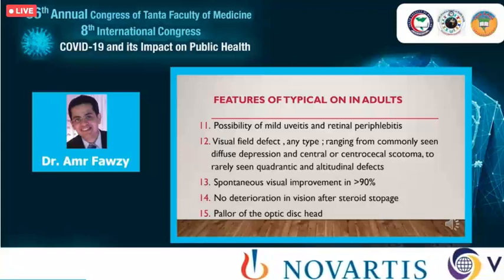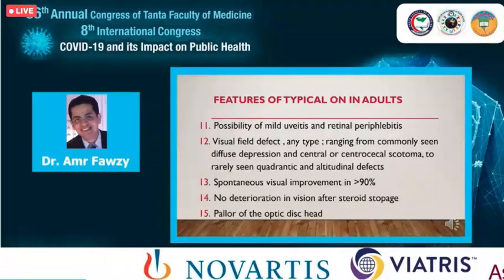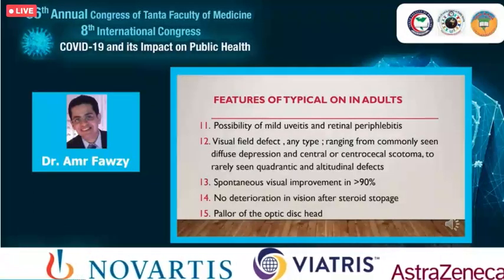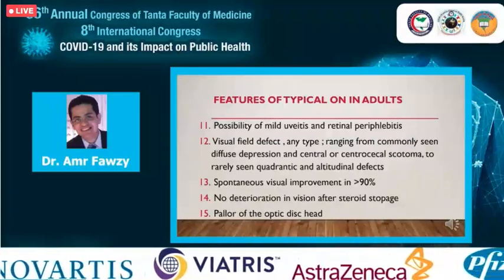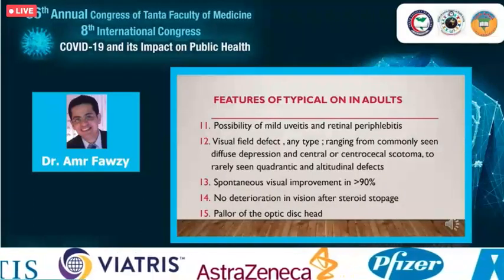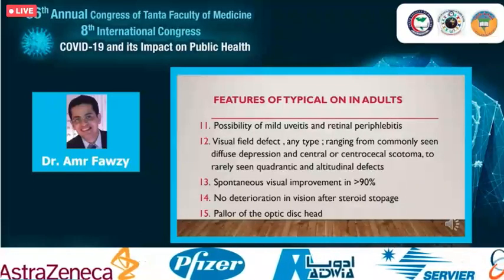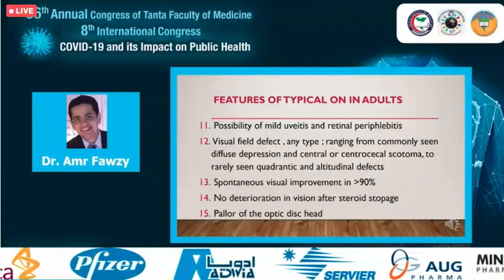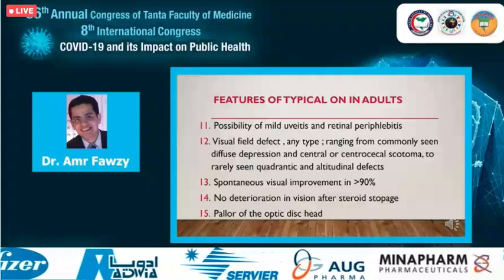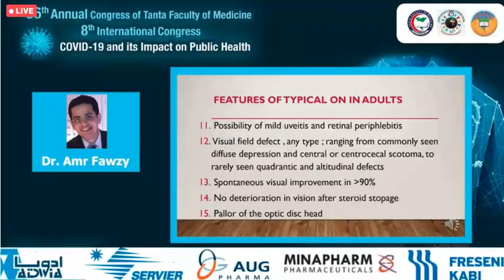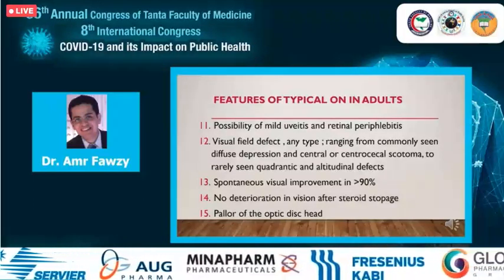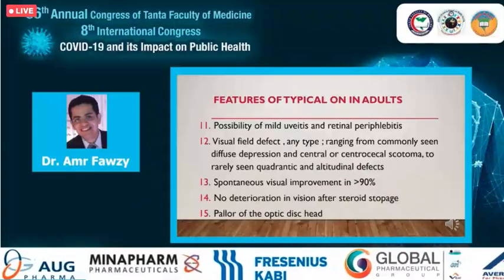Number 11, possibility of mild uveitis and retinal periphlebitis. Visual field defect, which may be any type, ranging from commonly seen diffuse depression and central or centrocecal scotoma to rarely seen quadrantic and altitudinal defects.